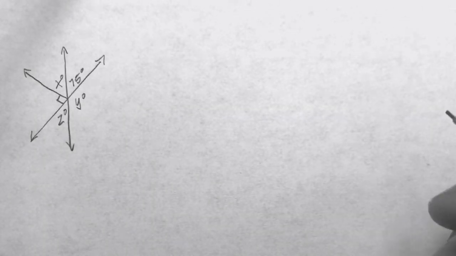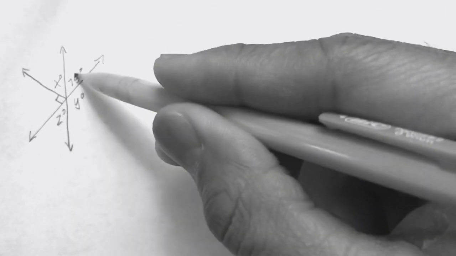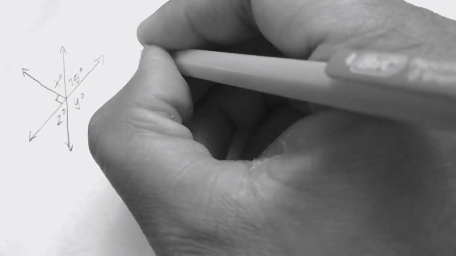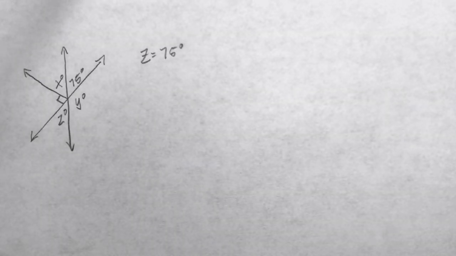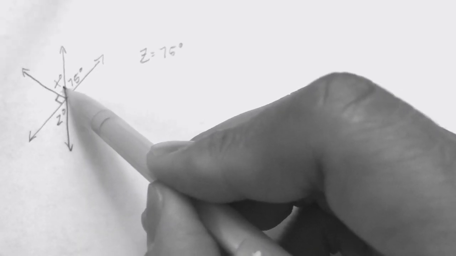The easiest one to find would be Z, because Z is across from the 75, so that makes it a vertical angle. So we know that Z is equal to 75 degrees. Since this angle is 90 degrees, these two have to add up to 90, so they are complementary angles.